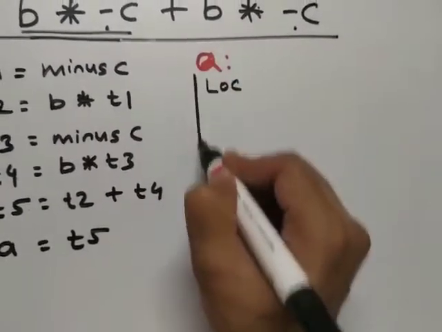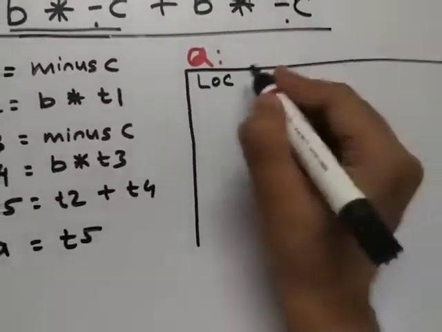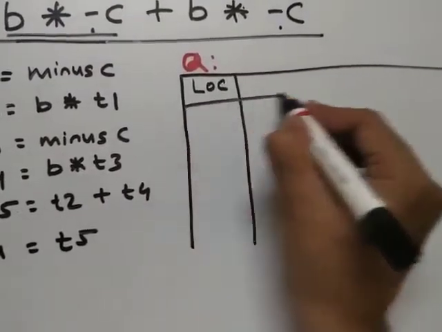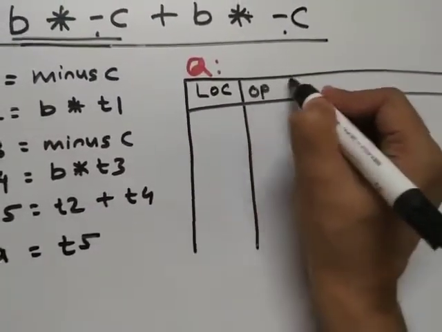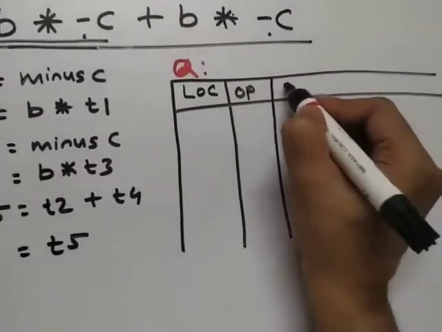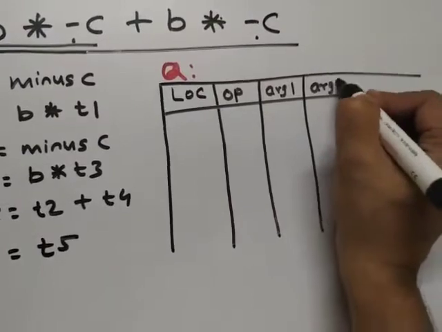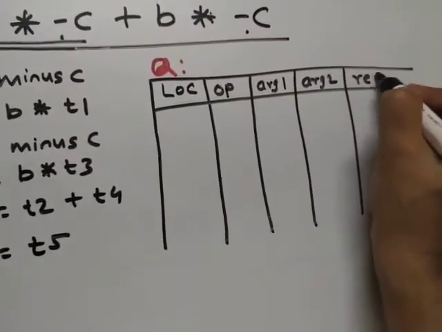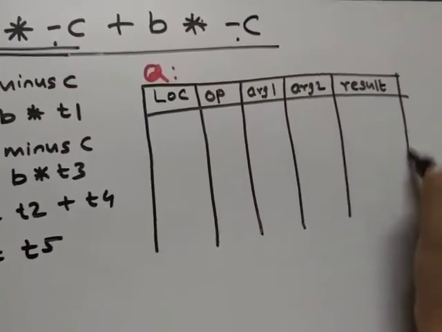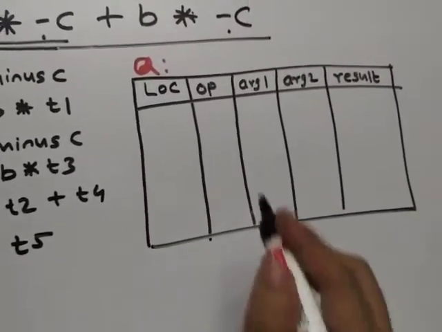Along with the location we will have the operator first, then argument 1, then argument 2, and lastly we will store the result. In this way we will form it.